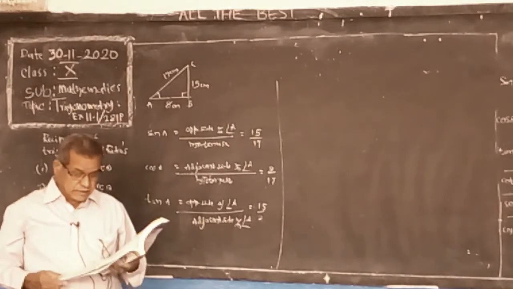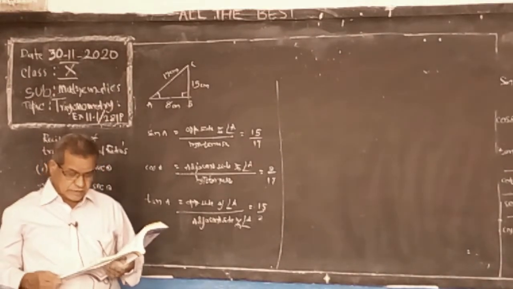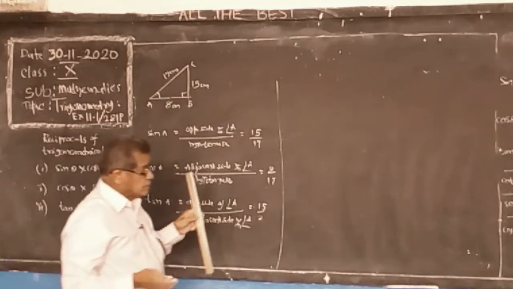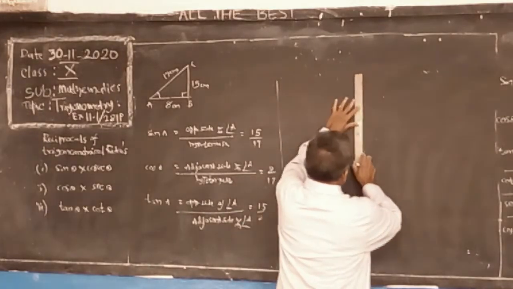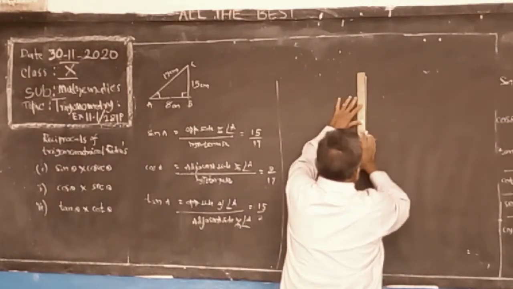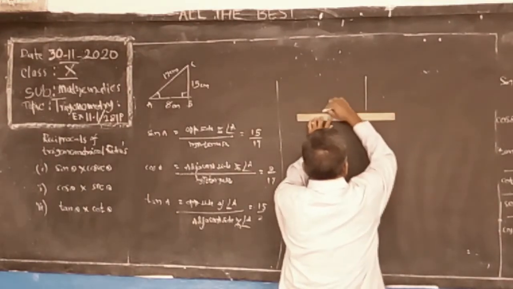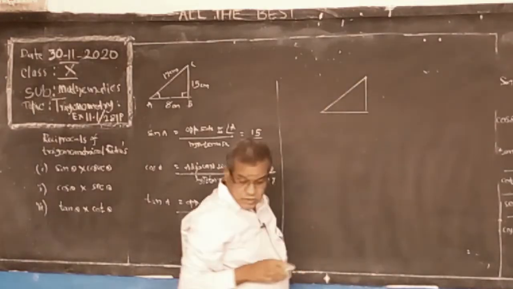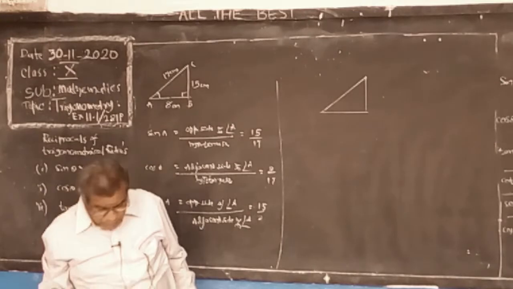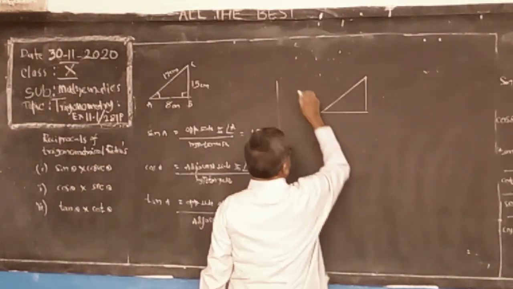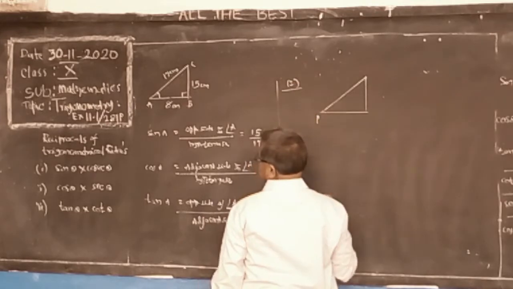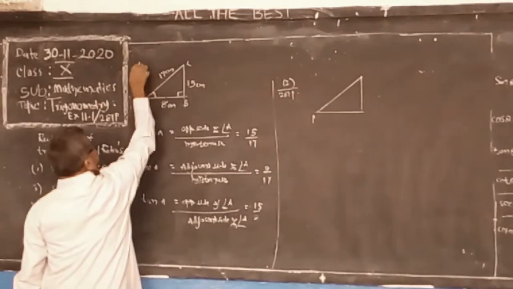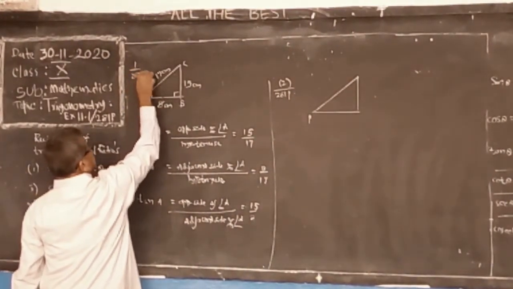And second question, the sides of the right angle triangle are given. Then find tan P minus tan R. Right angle triangle is PQR. Angle Q is 90. Second question, page 281.